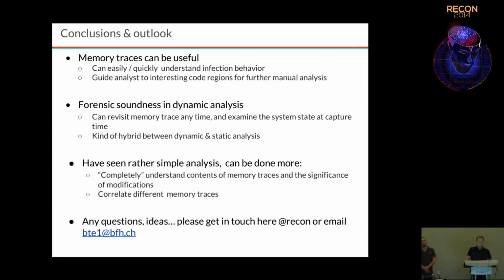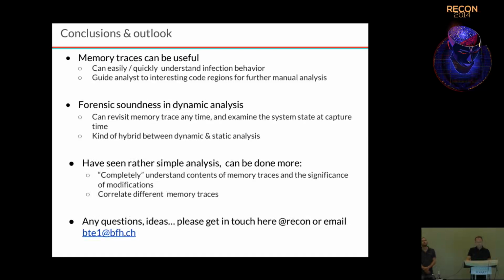So concerning the outlook, what we have shown is a rather simple analysis, and we think more can be done, and that's what we try to investigate in the future. Our vision would be to have a complete understanding of what's going on in memory over time, especially in kernel memory, which we don't understand for the moment, but other things as well.